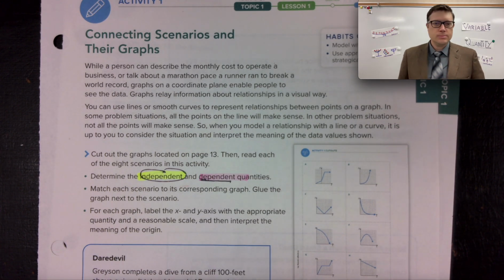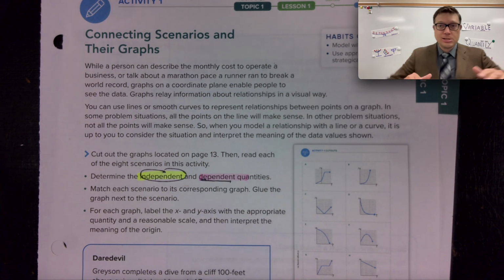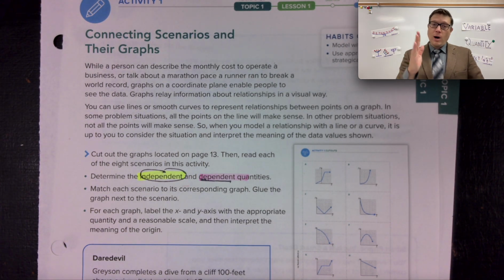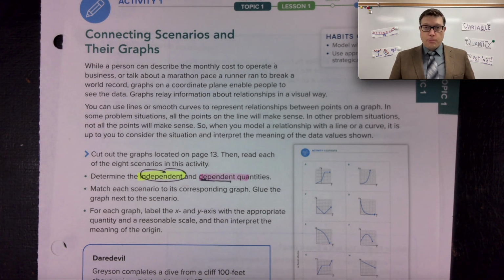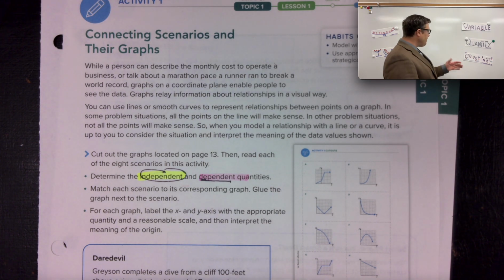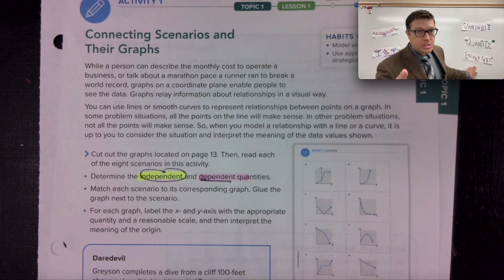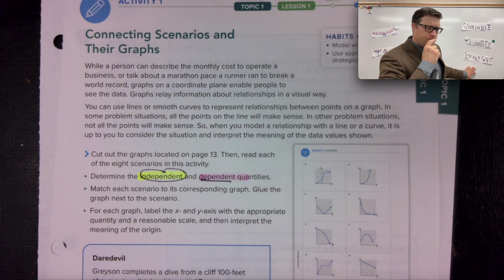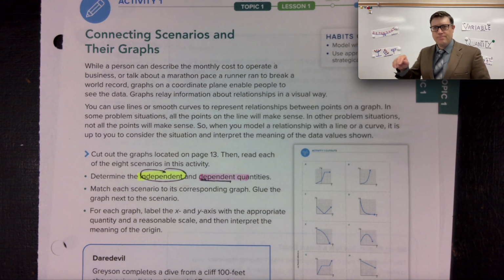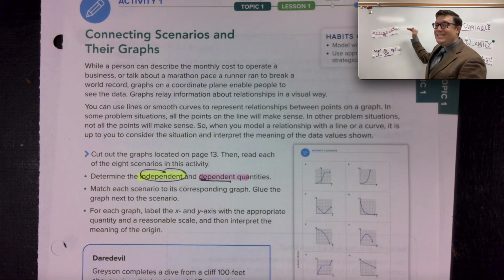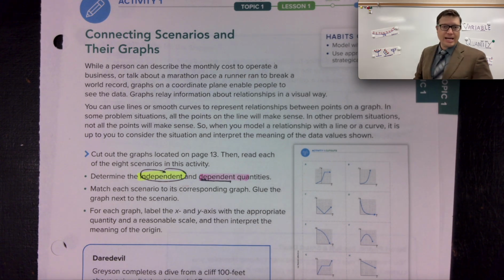So for each graph, we also need to label the x-axis, horizontal, and the y-axis with the appropriate quantities. Because when we talk about coordinates, the important part of a coordinate is x goes first, y goes second. But better than that, independent quantity goes first and dependent quantity goes second.